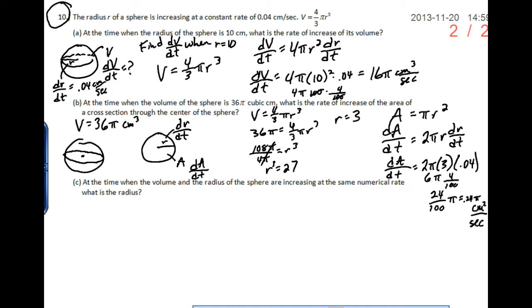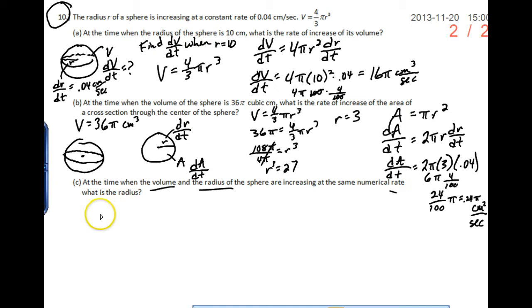So now, part C. At the time when the volume and the radius of the sphere are increasing at the same numerical rate, what is the radius? Now this is interesting. Volume and radius are increasing at the same numerical rate. So what does that mean?